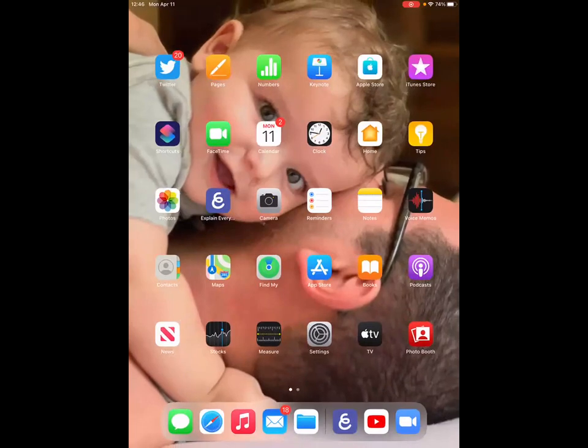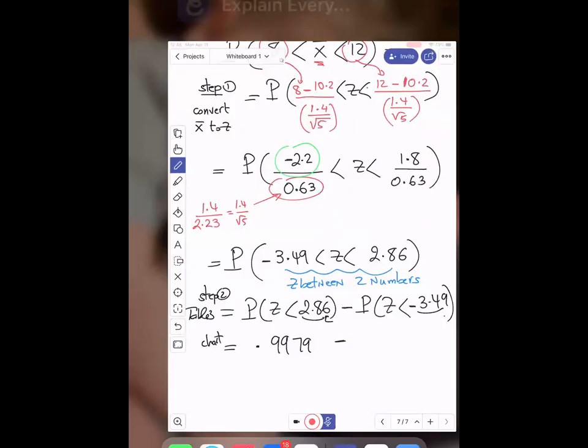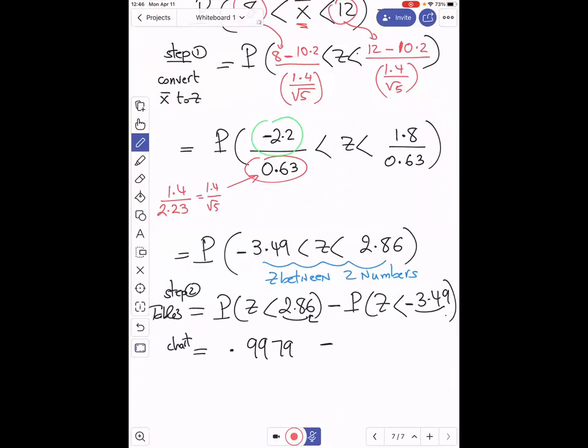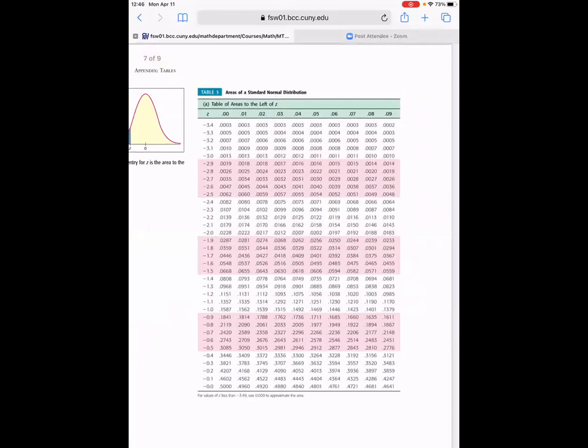If you check the table, right here, negative 3.4, the first row below z, and nearest 100th, 0.09, the last number in that row.